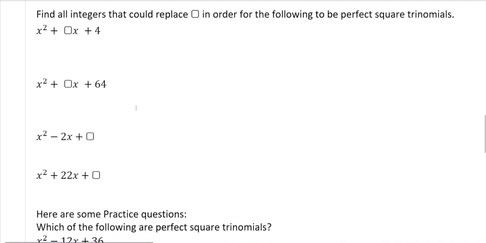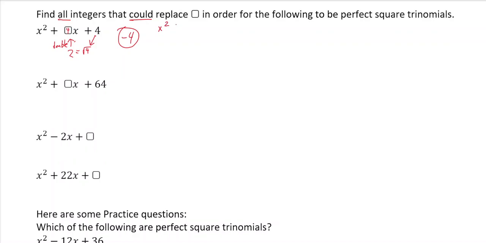Okay, perfect. So find all integers that could replace the box in order for it to be a perfect square trinomial. Well, here we'd have to square root 4 to get 2, then double it to get 4. Now, the thing is that it says all that could replace. So yes, a 4 works, but a negative 4 also works.